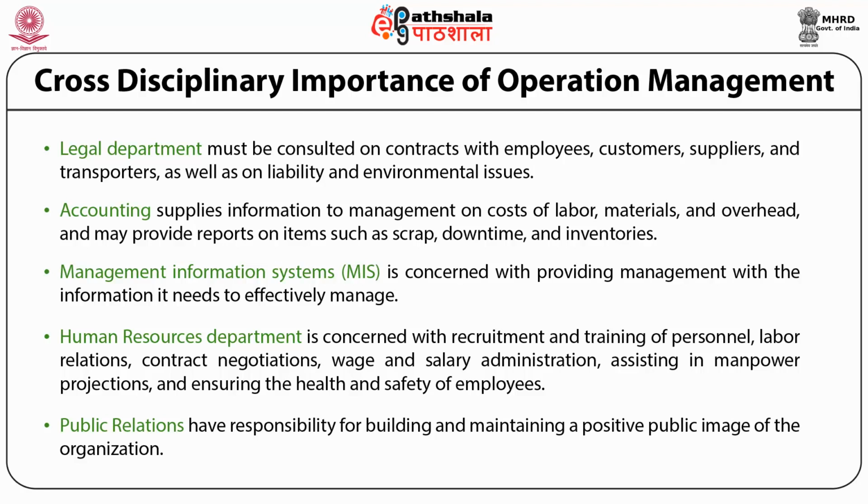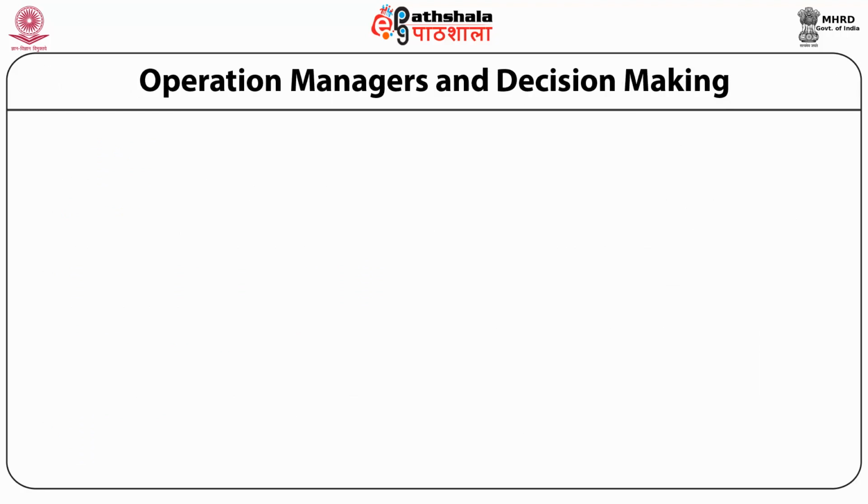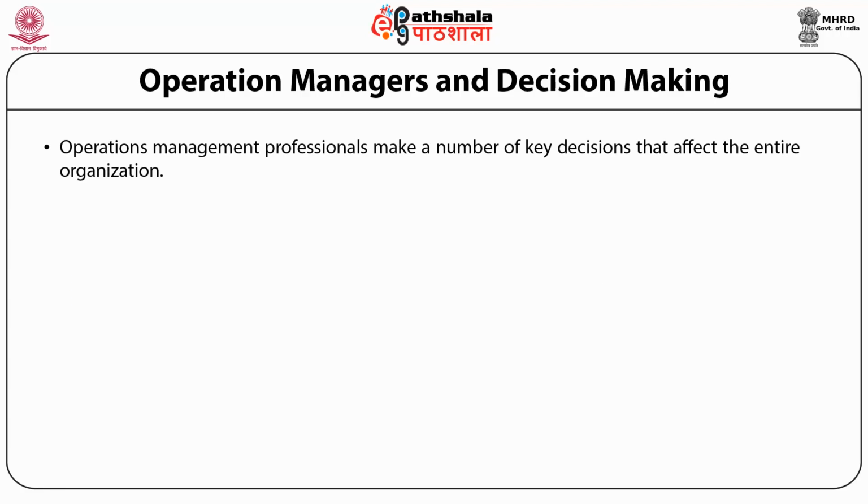Good public relations provide many potential benefits. An obvious one is in the marketplace. Operation managers and decision making. Operation managers make a number of key decisions that affect the entire organization.